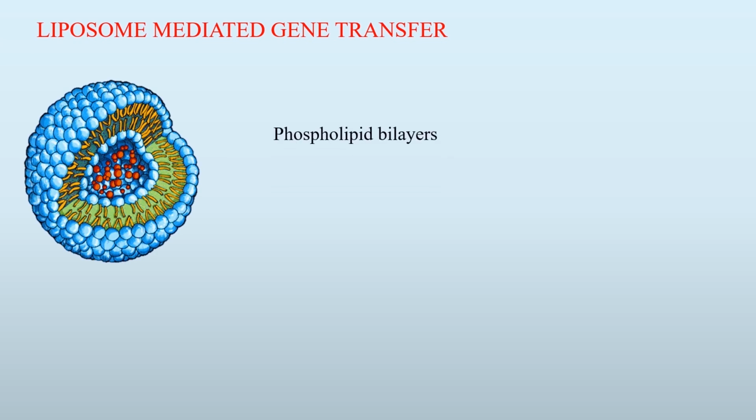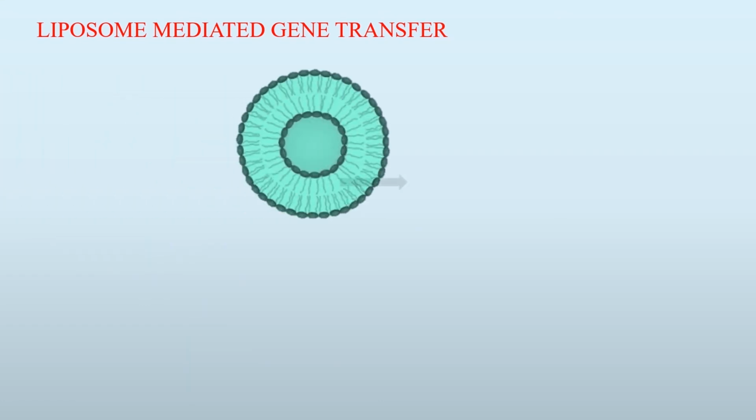Liposome mediated gene transfer. Liposomes are vesicles enclosed by phospholipid bilayers. It has an aqueous chamber. The DNA is trapped by the aqueous chamber and is used as one of the DNA delivery systems.